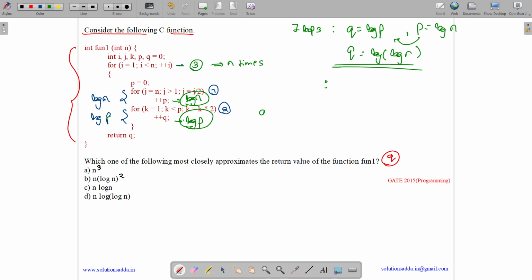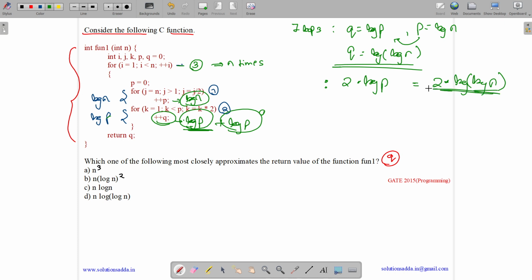What happens in the second iteration? Again p is initialized to 0, so the p value will be log n. But q is not initialized anywhere, so q will start again from log p and increment by one more log p. The new q value will be 2 log p, and log p is log log n.